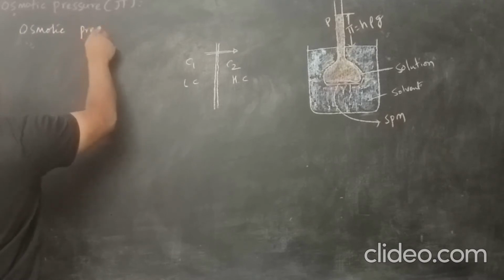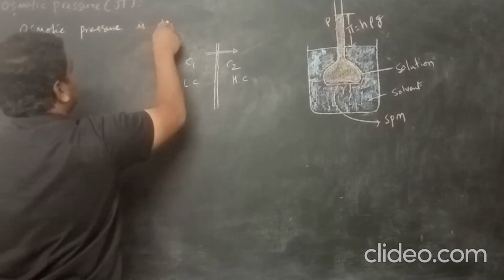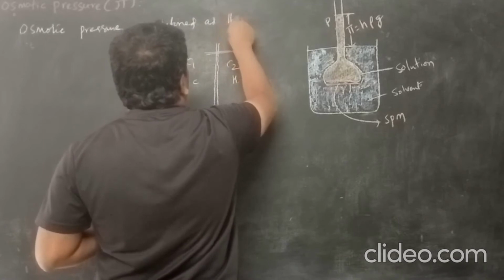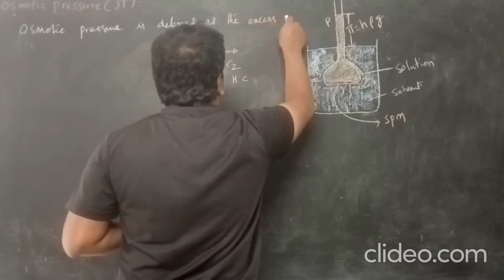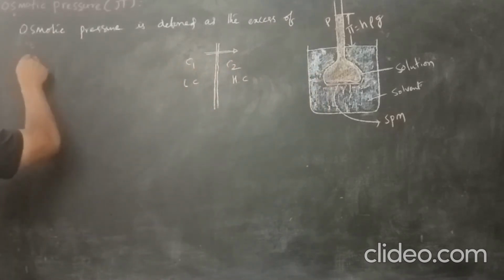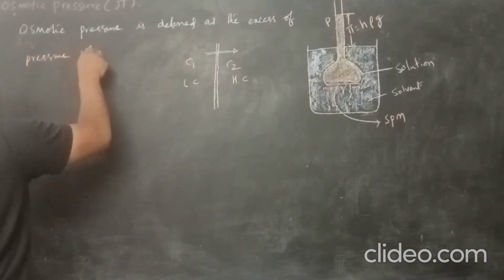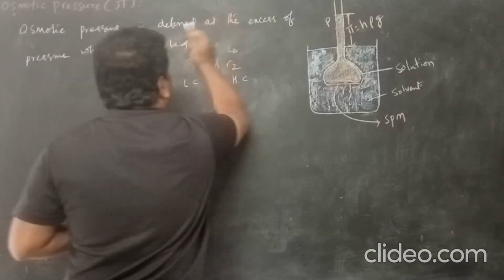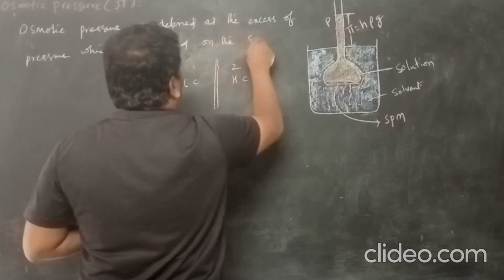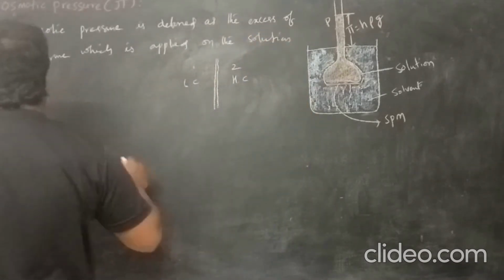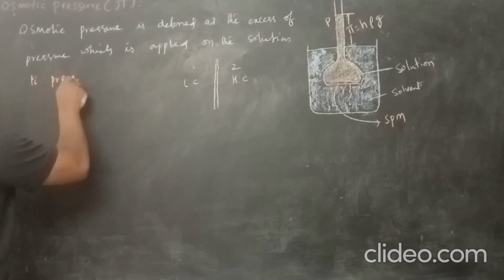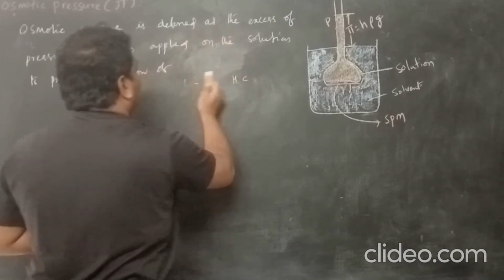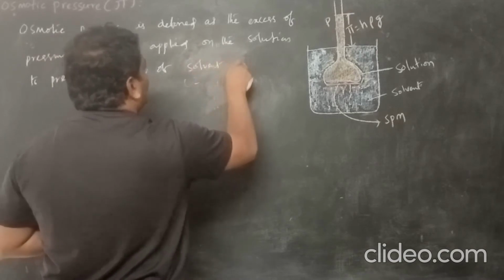So osmotic pressure is defined as the excess of pressure which is applied on the solution to prevent the flow of solvent molecules.